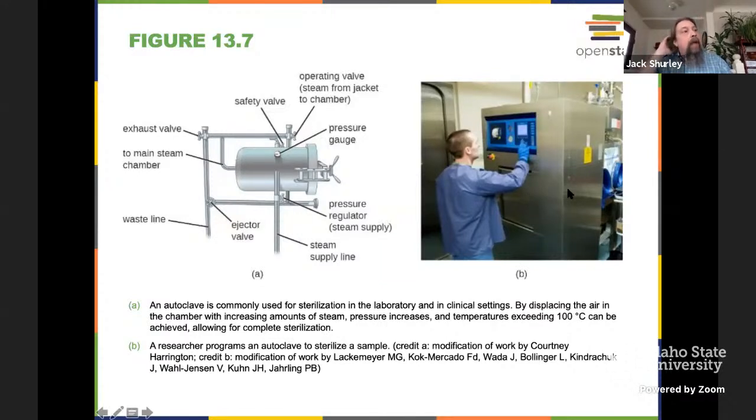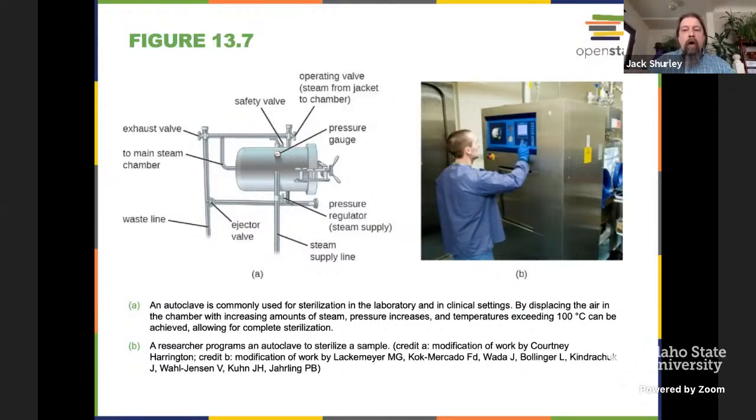I have seen some, like I saw one in a hospital that was massive, basically almost an entire room. One room was the dirty room, where soiled, contaminated materials go. In that room, there is a door that opens up, and it's a humongous autoclave.